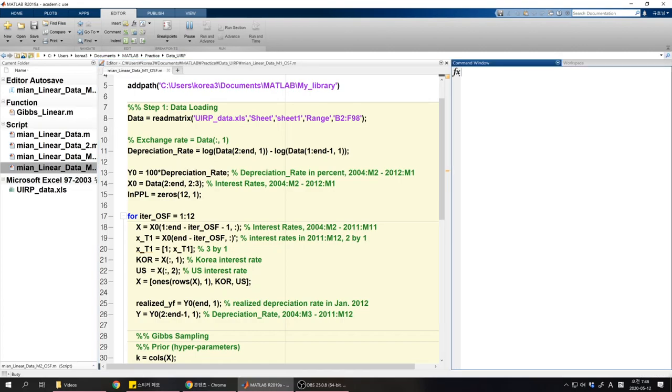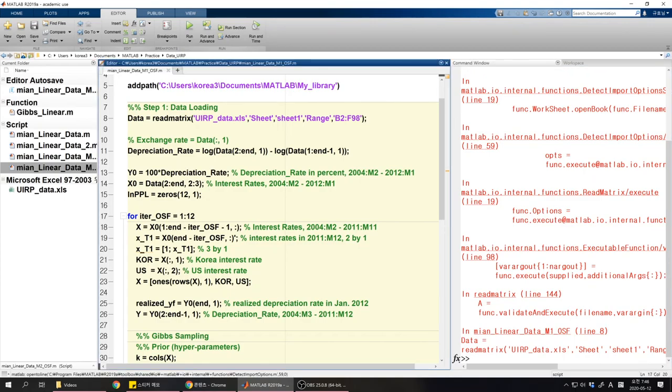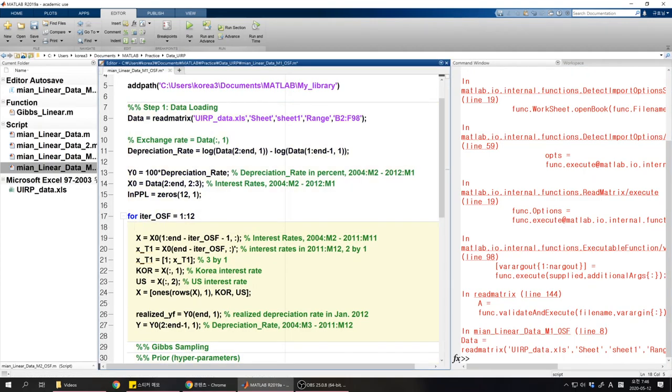Okay, let me stop here. Control C. Now I want to see whether this code is really running, and how fast it's running.